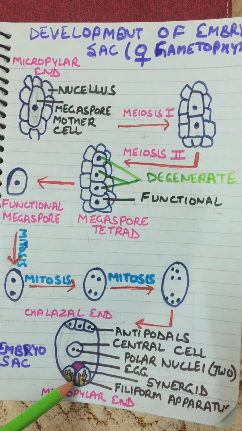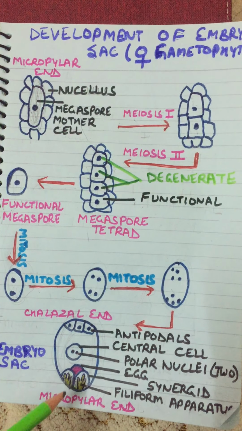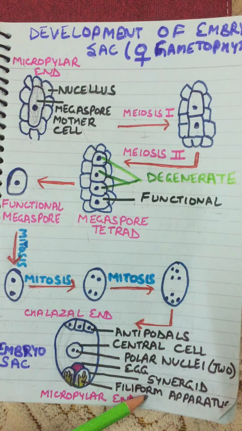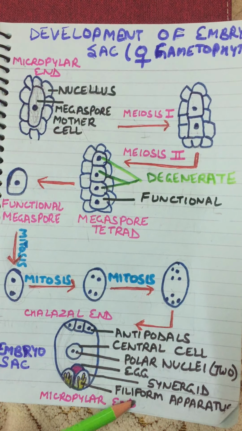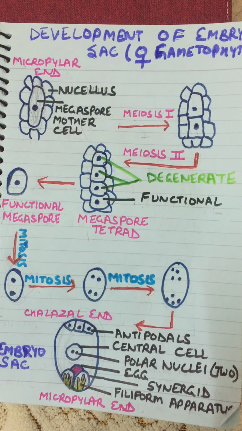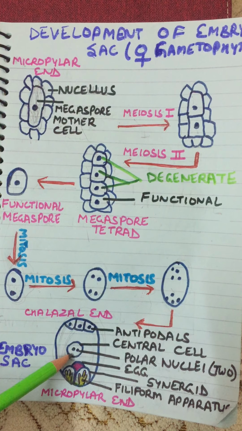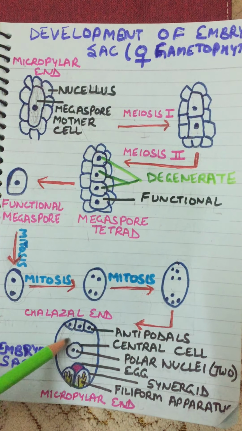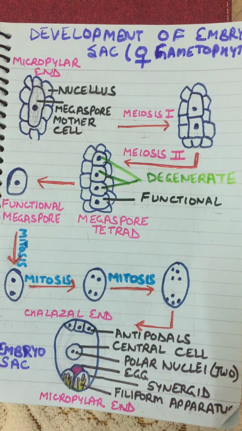These synergids have cellular thickenings at the micropylar end. These are called the filiform apparatus. This filiform apparatus helps in guiding the pollen tube towards the synergids. In the center, there is the central cell with 2 polar nuclei.